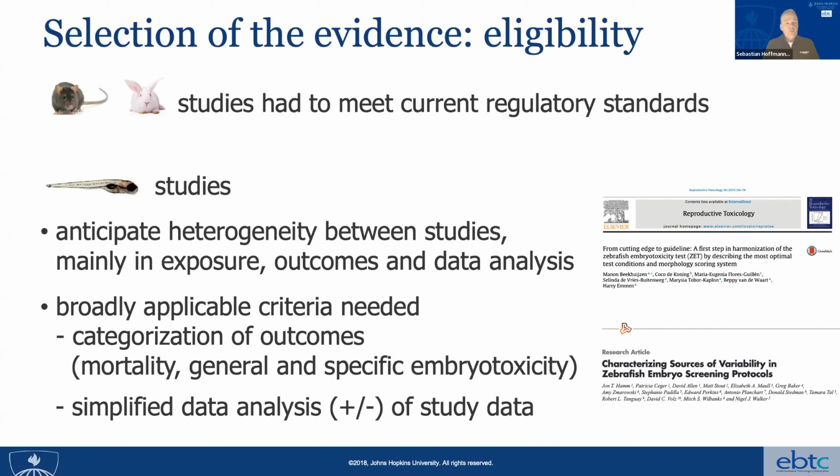But on the zebrafish side, we had to be a little bit broader, because known from the literature, and you see 2 references here on the right-hand side, we could anticipate that there would be heterogeneity between studies, mainly with regard to the exposure, to the outcomes assessed, and the data analysis. Therefore, we defined rather broadly applicable criteria to select the evidence on the zebrafish.